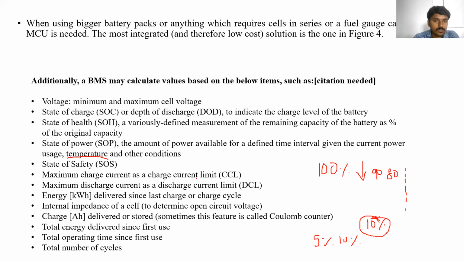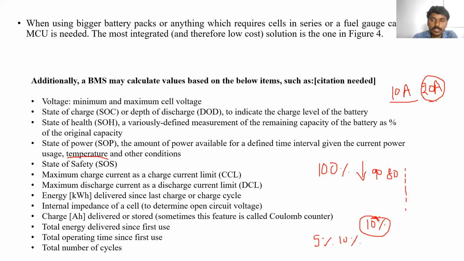If the manufacturer mentions 10 amperes as the maximum current during the charging time, and the current reaches or goes beyond this value, for example 20 amperes flowing through the battery during charging, then what will happen?